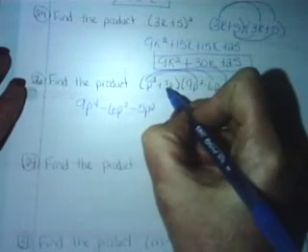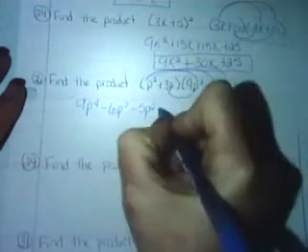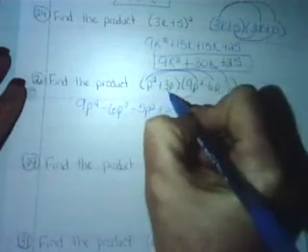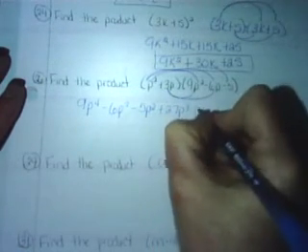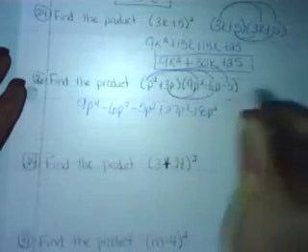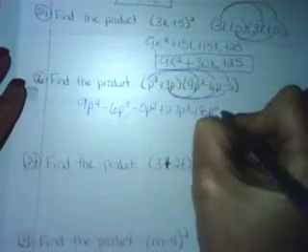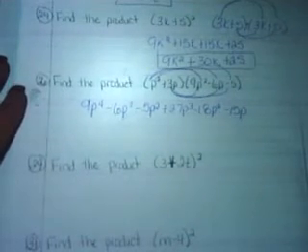Now we have to distribute the 3p's. So 3p times 9p squared gives me 27p cubed. 3p times negative 6p gives me negative 18p squared. And 3p times negative 5 gives me negative 15p. Here we're going to combine like terms.